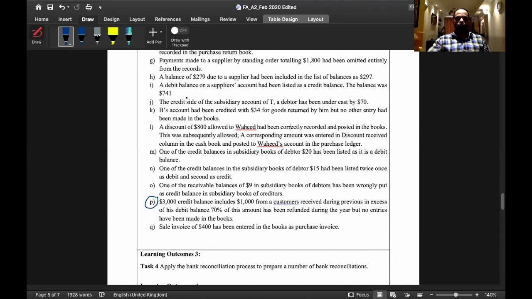That's the error we made. So the supplier, meaning accounts payable, balance increased wrongly. It increased, and that is wrong by 741. That's the meaning of I.